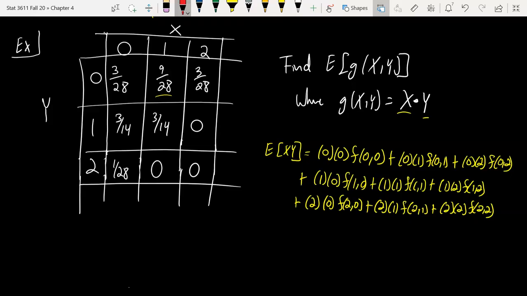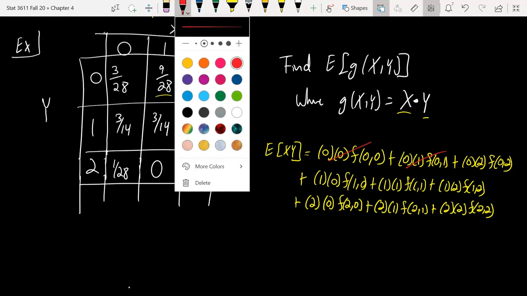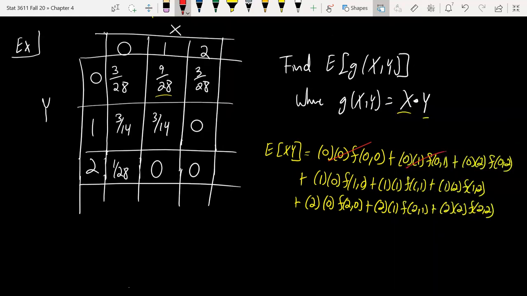I'm writing all this out in general just so we can see the pattern here. Naturally, when one is computing this, most of these are 0, because the product has a 0 in it, so that's going to zero out. This has a 0 in it. This has a 0 in it.